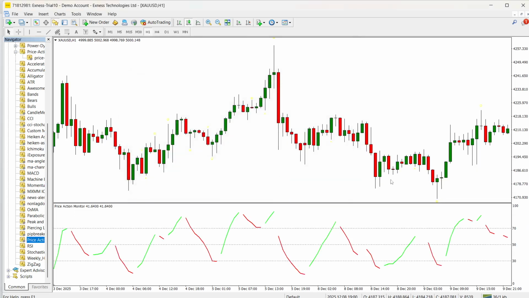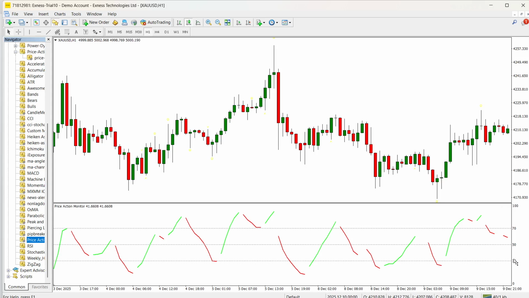As you can see, the price action monitor indicator appears in its own sub window below the main price chart. I can already see how it appears on the chart. It appears as lines, basically green and red lines that move within a specified boundary, within 0 here and 100.